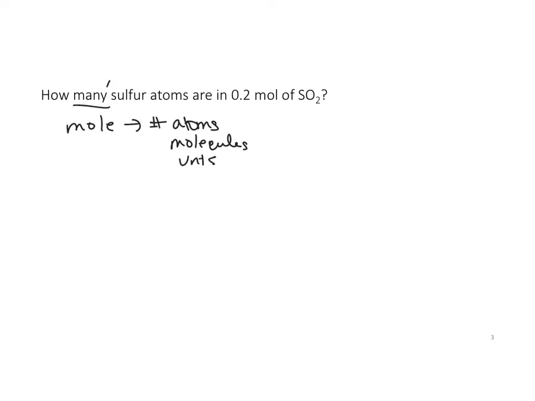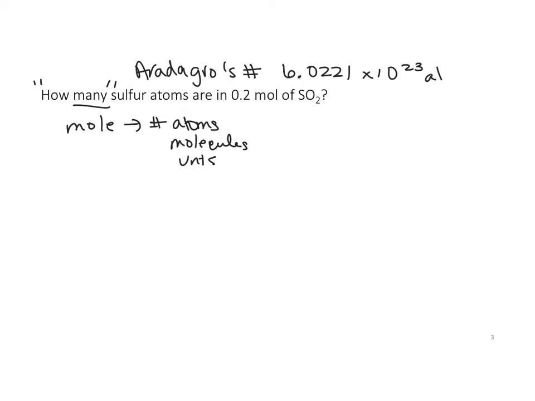Whenever we have how many, usually you want to think, oh, we need to do Avogadro's number. And you don't have to memorize Avogadro's number. If you look at your periodic table that you're given, and you'll have this for your exams, you see Avogadro's number is 6.0221 times 10 to the 23rd.